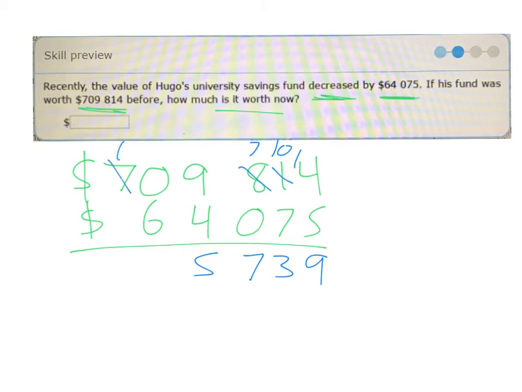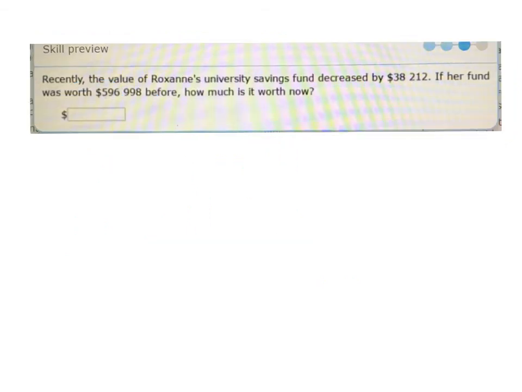Borrow from the 7, it becomes a 6. 0 becomes 10. 10 minus 6 is 4. 6 minus nothing is 6. So now, after having taken away the 64,000 from this, we end up with $645,739.